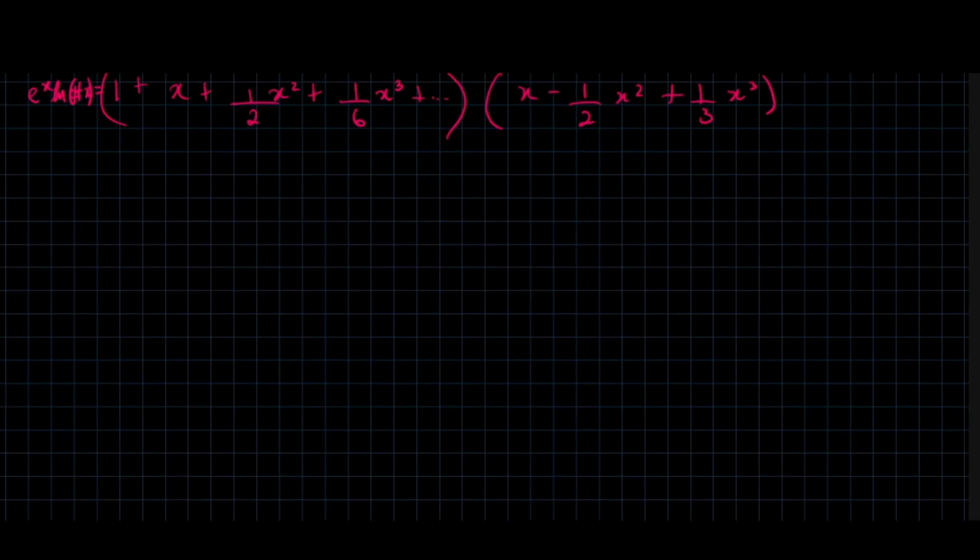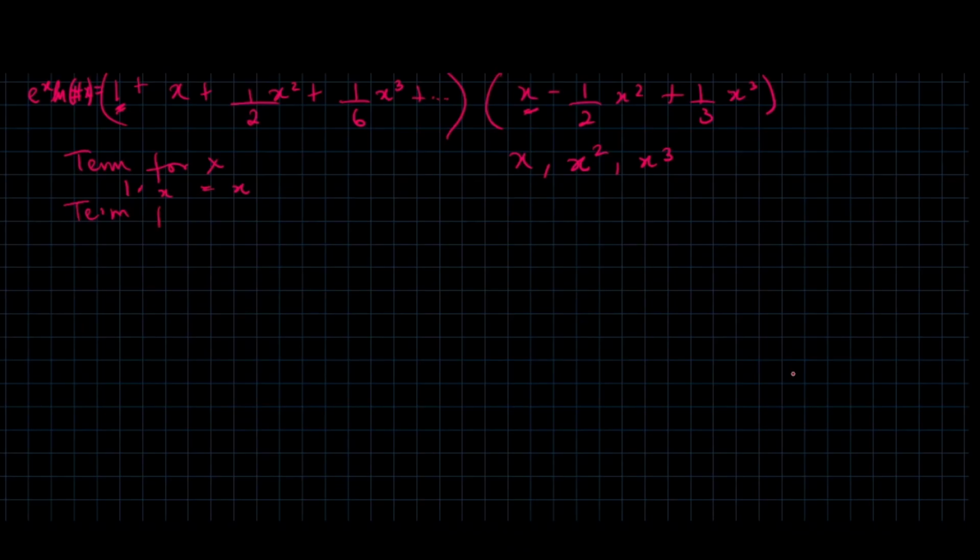Now you see the series only wants the first three terms, which means we only need the coefficients of x, x squared, and x cubed. So we simply need to find the values that will multiply into each other to give us this term. So the term for just x, that's x raised to the power 1. If you do 1 times x, you're going to get x. So this is the only two values that can produce that.